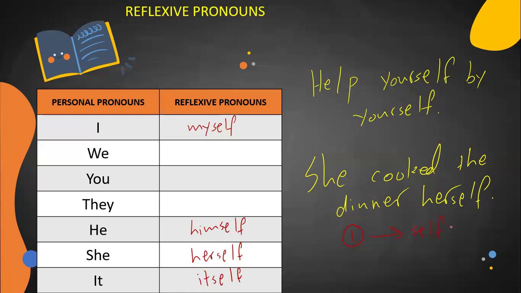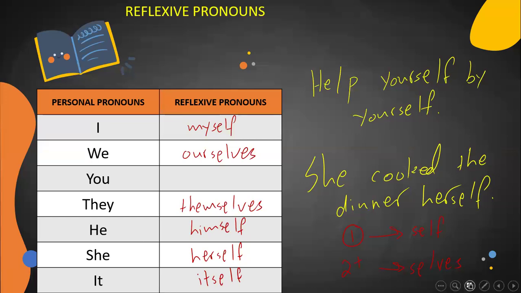We, you, and they. We, it's a group of people, okay? So we say ourselves. Two or more, we add selves. Myself, ourselves. Okay, what about they? Of course, themselves. Okay, now what about you?